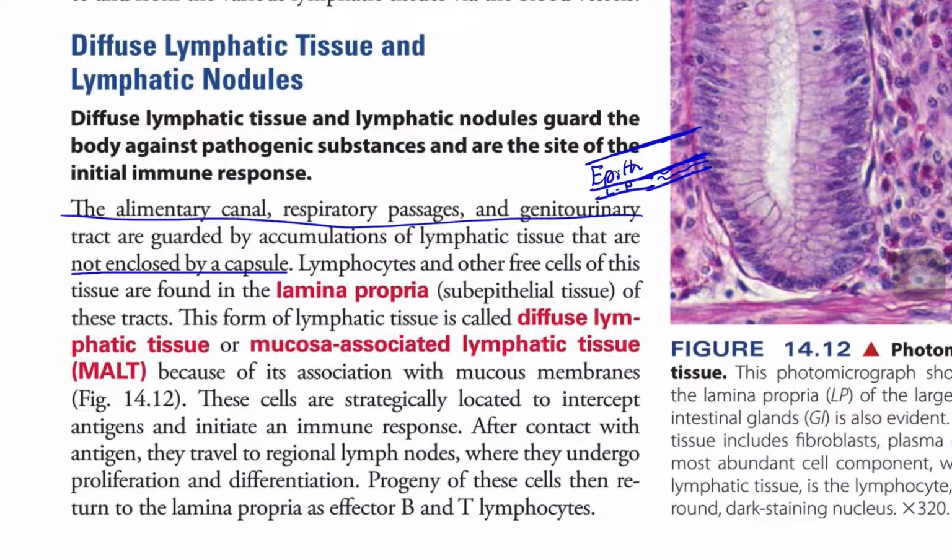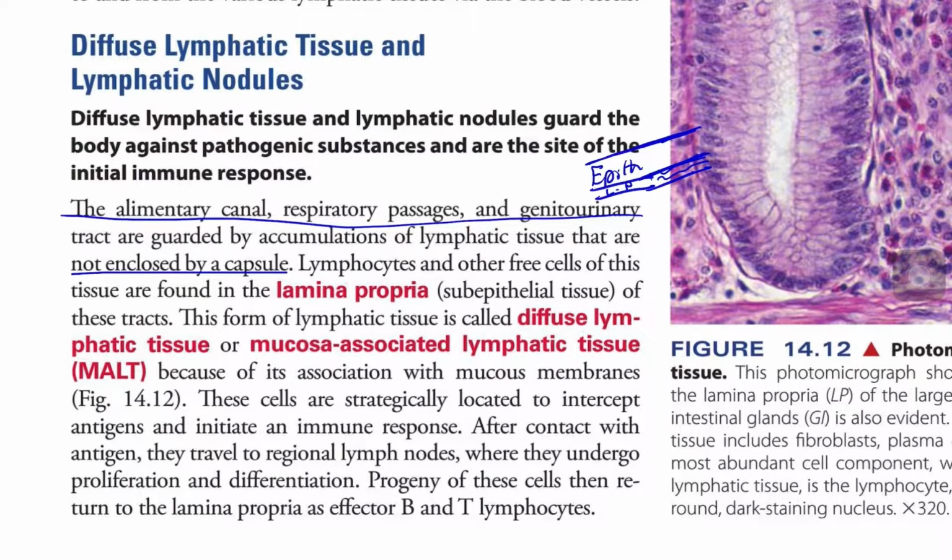These cells are strategically located to intercept antigens and initiate an immune response. After contact with antigen, they travel to regional lymph nodes. So first of all, they are in the lamina propria, and since, for example, we are in the respiratory passages, some antigens will travel through the nasal cavities and then reach those parts of the tissue.